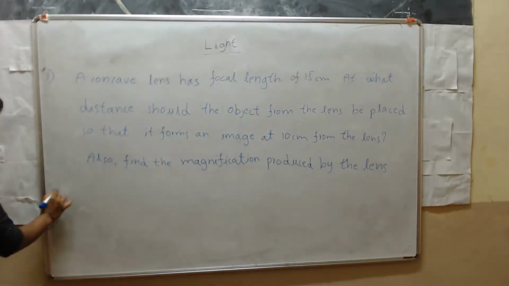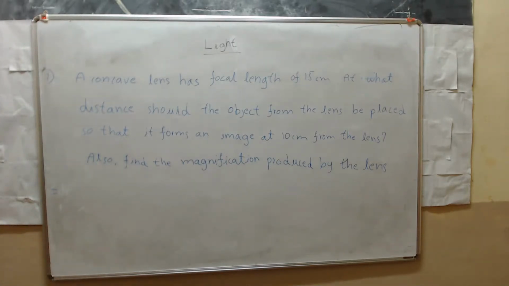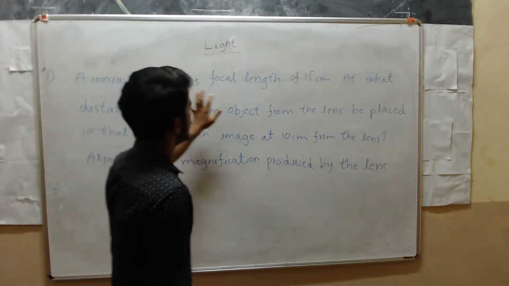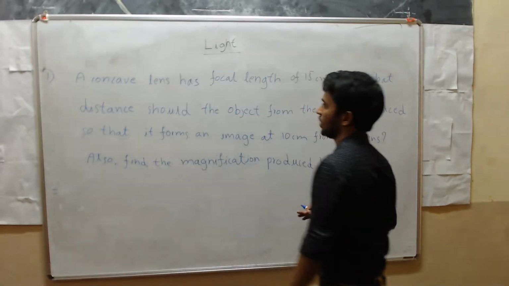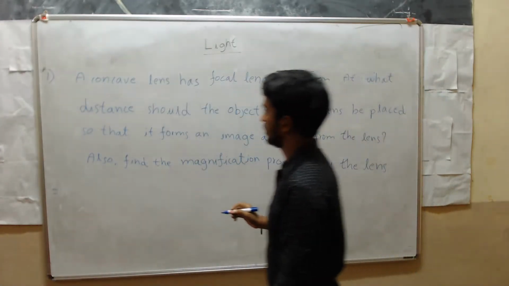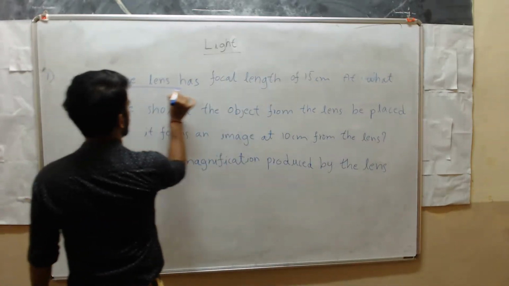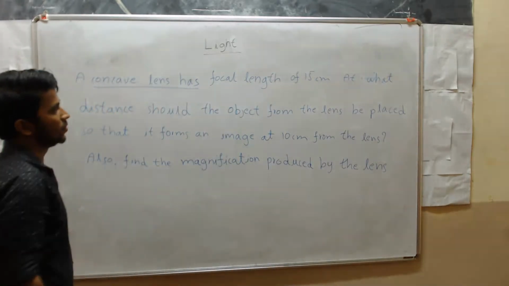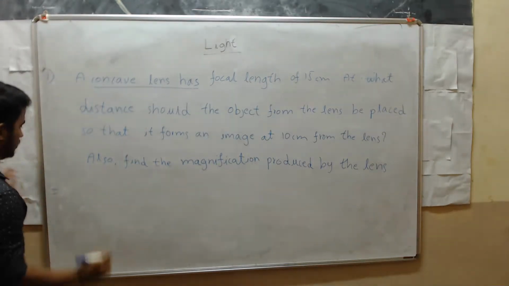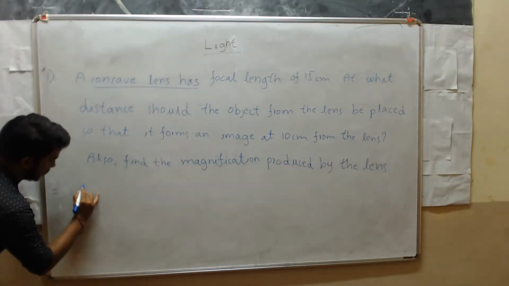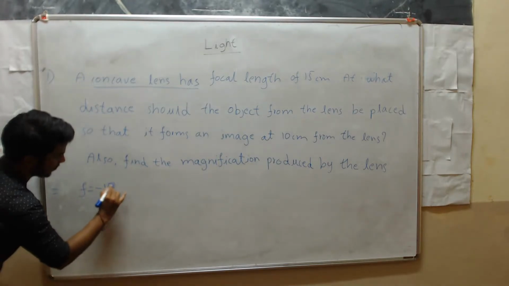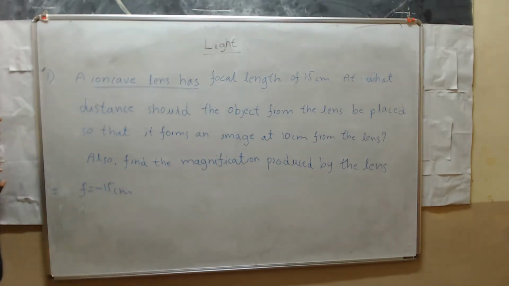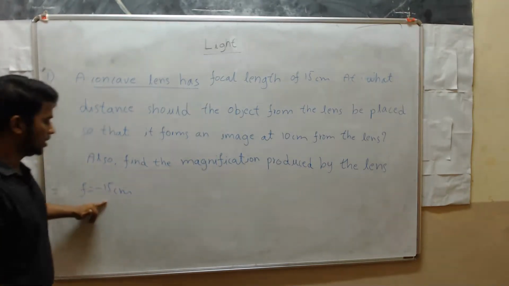Okay. See here, our concave lens has focal length of 15 centimeter. So now here clearly they have mentioned the lens is concave. So first write focal length equal to minus 15 centimeter. We'll write the focal length of the concave lens in negative.